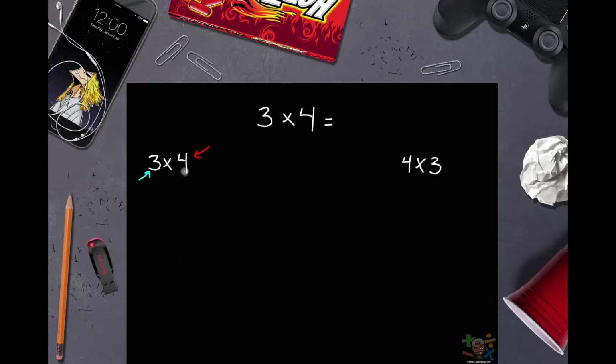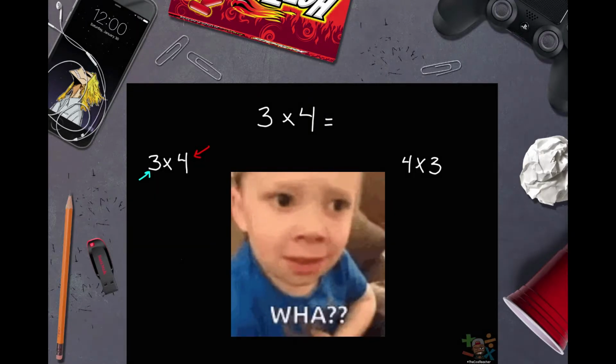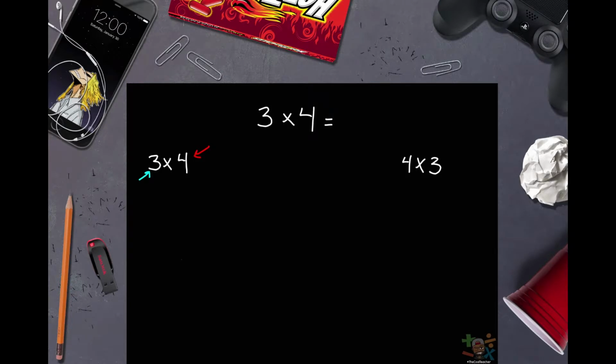So this tells me I'm going to have 3 circles, and this tells me I'm going to have 4 groups. I know you're probably like, huh? But watch, it'll make a lot of sense once I draw it out. I am going to make my 3 circles in 4 groups. Then we count it all up together, and then we get our answer.